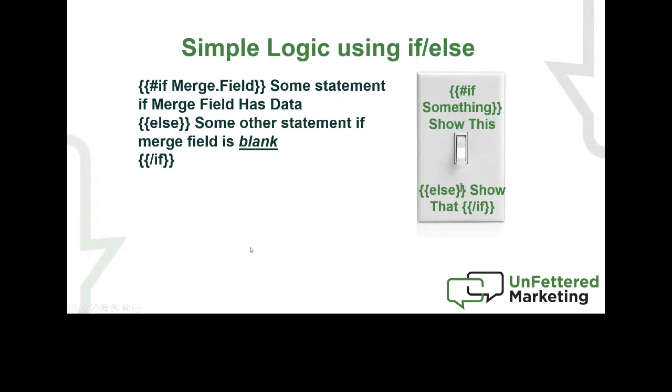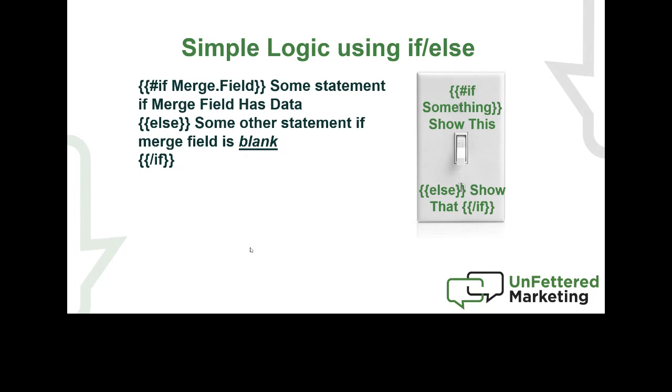So we talked a little bit already about the simple logic of if-else. If something, show this, else if there's nothing in that field, show that. The basic format is this: pound if, this merge field, some statement if that merge field has data in it, else some other statement if the merge field is blank, forward slash if to close the statement.